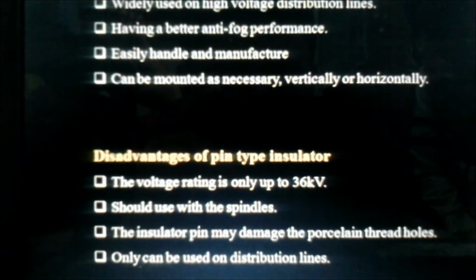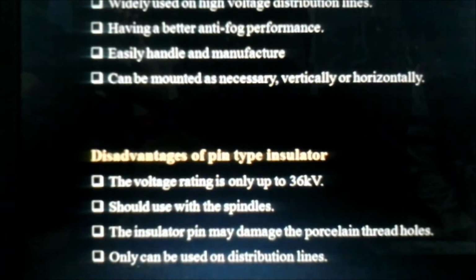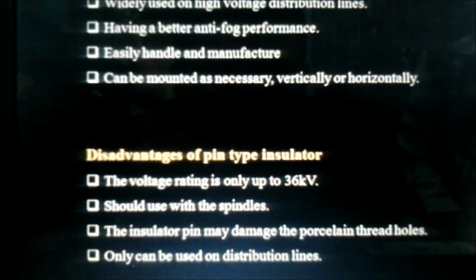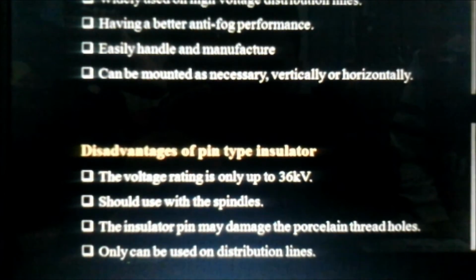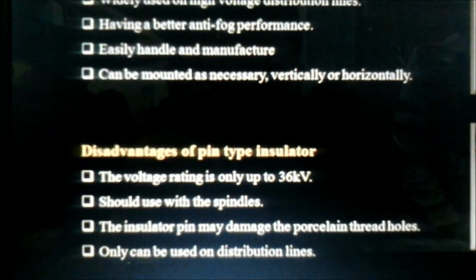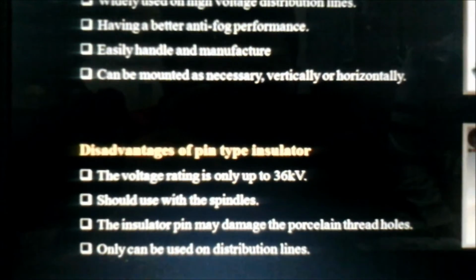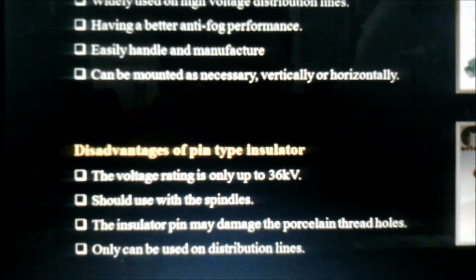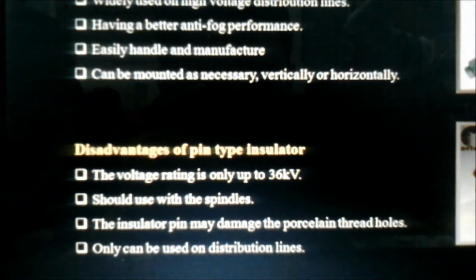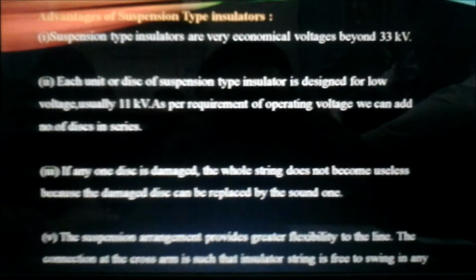The disadvantages of the pin-type insulator are that the voltage rating is only up to 36 kV, the insulator pin may damage the porcelain thread holes, and it can only be used on distribution lines.